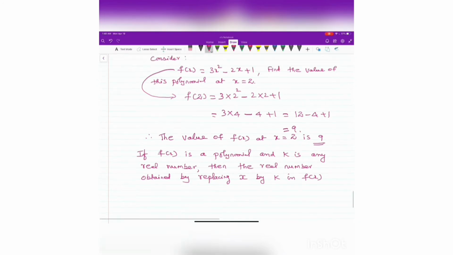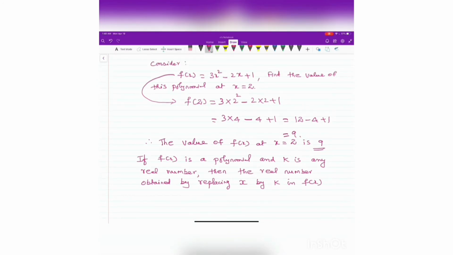See, what did we do here? We replaced x by 2. So your k in this particular example is nothing but 2. That is what I am writing in statement form.